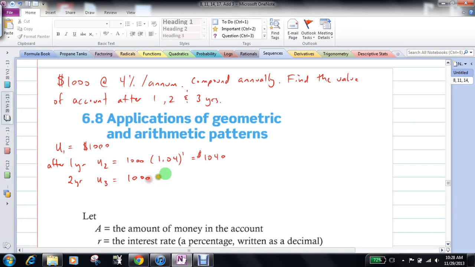After 2 years, we're looking at U3. We still started with our $1,000. We earned 4% for year 1, and then we earned another 4% for year 2. Recognize that multiplying 1.04 with 1.04 is the same as saying 1.04 to the 2.